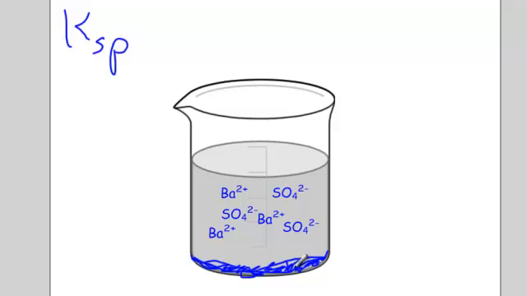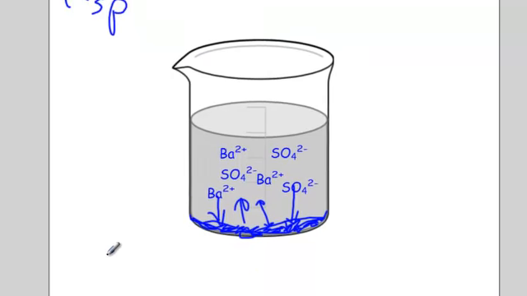The equilibrium we can think about is some of the solid substance sitting on the bottom, and then some of it goes out into solution, and some of this comes back and becomes a solid. That's the equilibrium that we're talking about here, between the ions going down into the precipitate and some of the precipitate going out into solution.